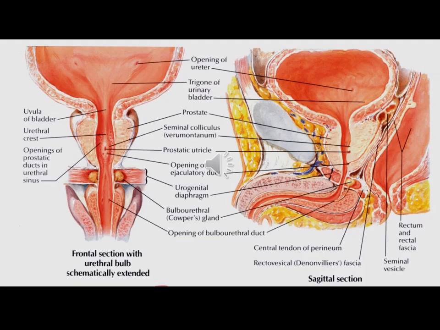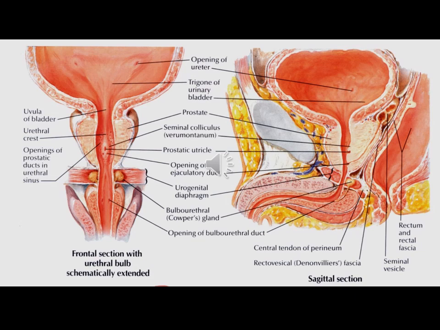In this diagram, we can concentrate now on the prostatic urethra. There he is showing a prostatic utricle, and below that the openings of the two ejaculatory ducts and the urethral crest.